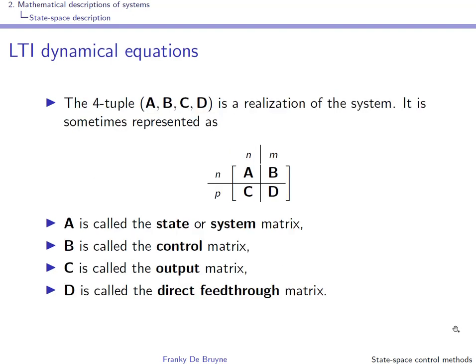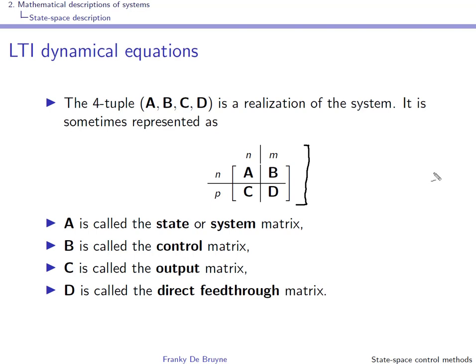The four matrices A, B, C, and D form a four-tuple, and this four-tuple is a realization of the system, and this realization is often represented as shown here on the screen, because you can easily see the dimension of each matrix. For instance, the matrix B has dimension n times m, so n rows and m columns.